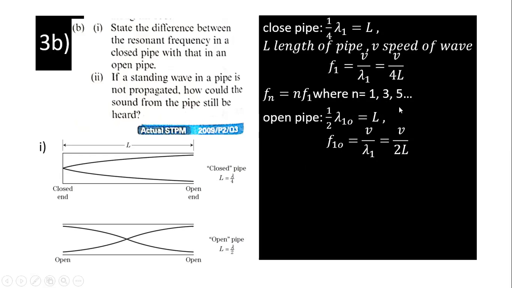So you can see the difference now. Then your Fn is n F1 naught, where n is all the whole numbers. So we know that F1 naught equals 2F1.